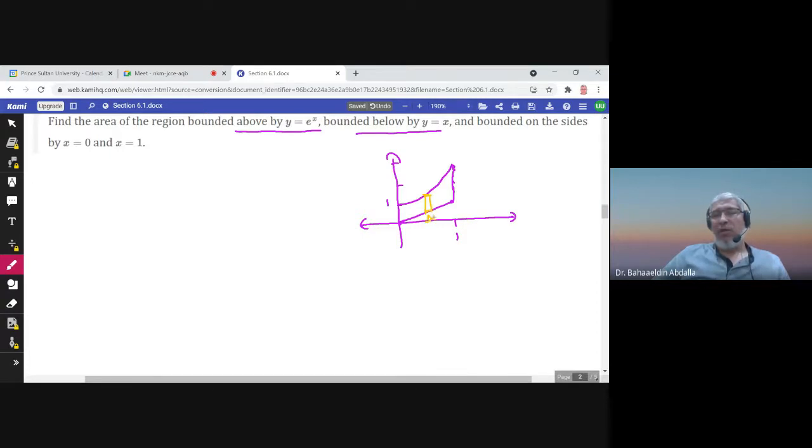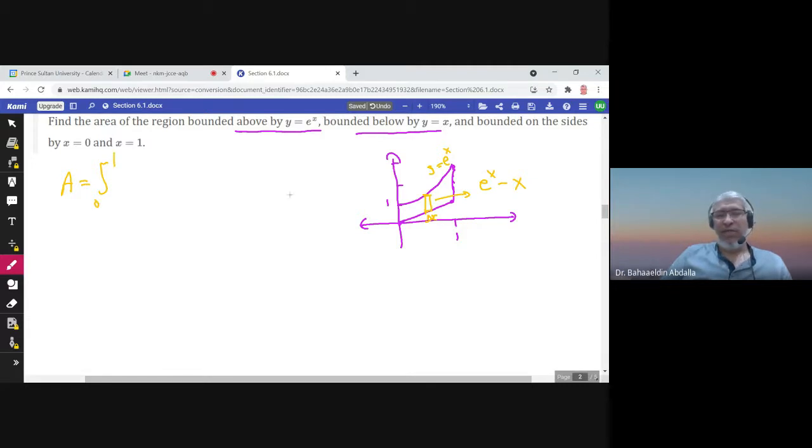The width is delta x, and the height is this function, which is e to the x, minus the function below, which is x. So this would be the height of the rectangle. So the area between the two curves would be the integral from 0 to 1 on the x-axis.